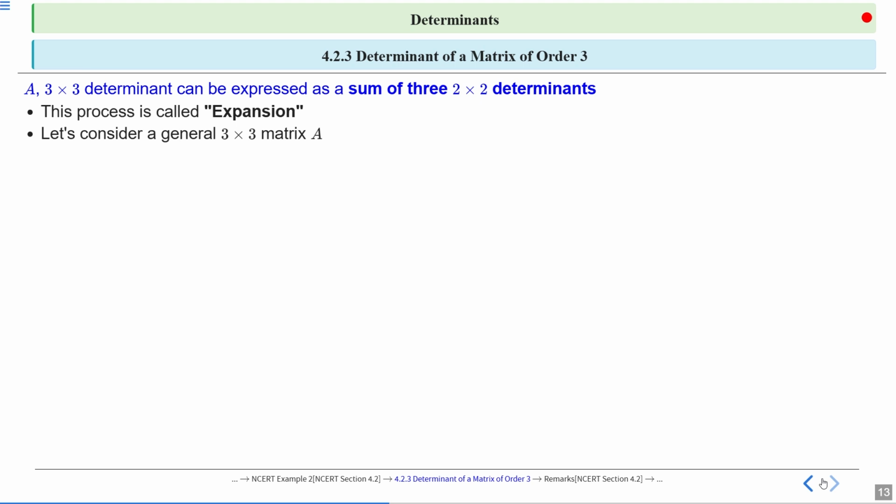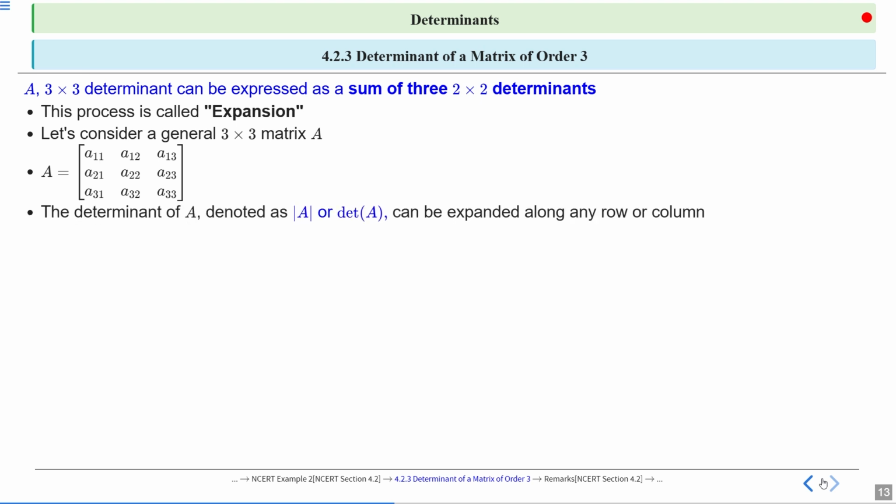Let's consider a general 3 cross 3 matrix A, that is A11, A12, A13 first row, A21, A22, A23 second row, A31, A32 and A33, that is your third row.